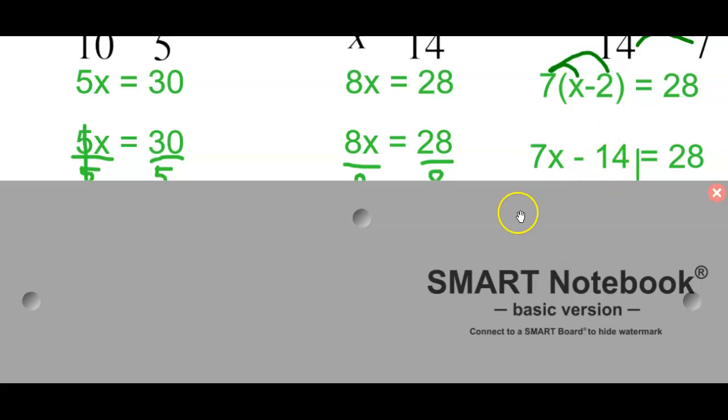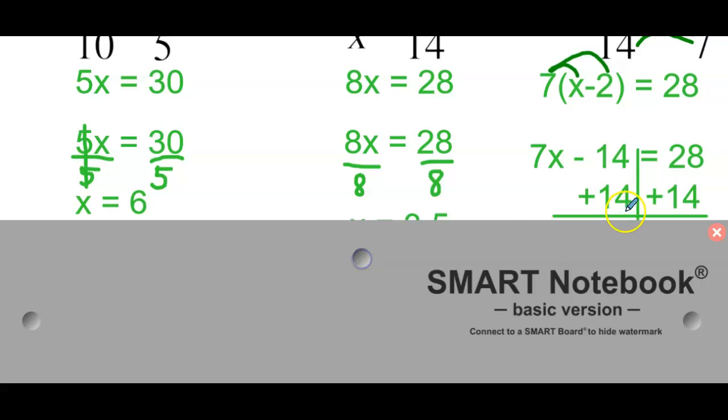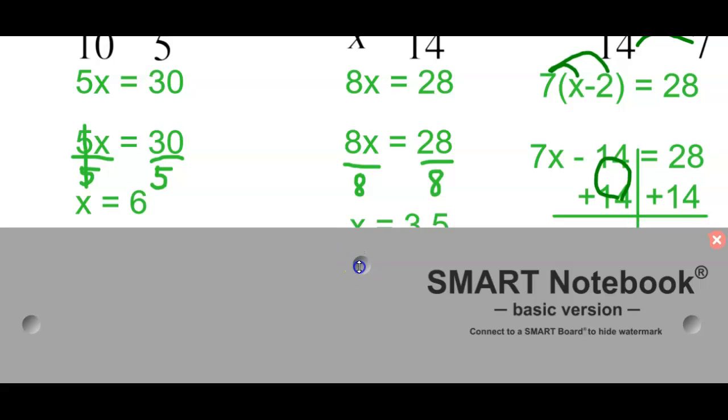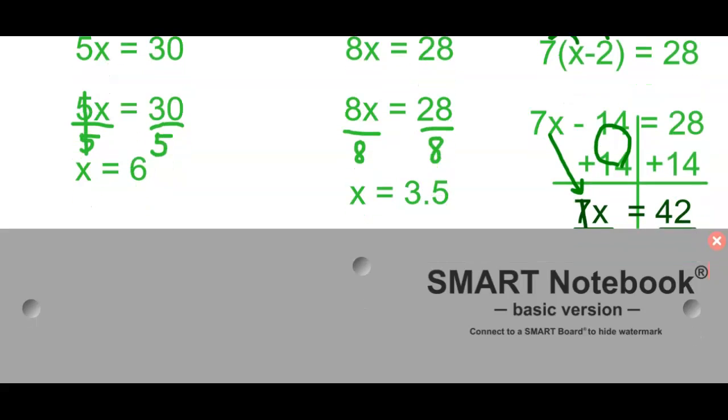I have to undo my 14 first by adding positive 14 to both sides because this is a negative 14. This will zero. Once that zeros, I will get just my 7x, and my 28 plus 14 will give me 42.